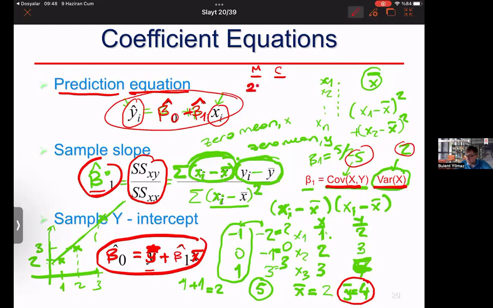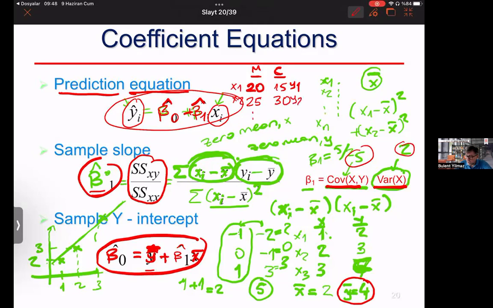You can say 20. How much credit card are they using? 15. The guy says, I am earning 25,000 Turkish liras. I am using credit cards for 30,000. Okay, and so on. These are your X1 and Y1s, okay?